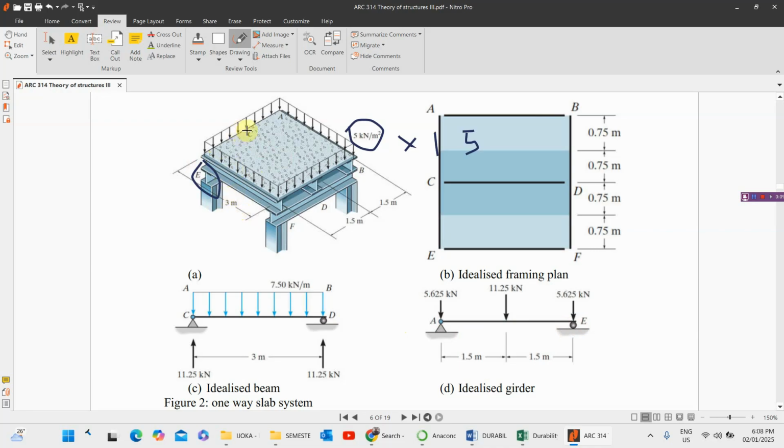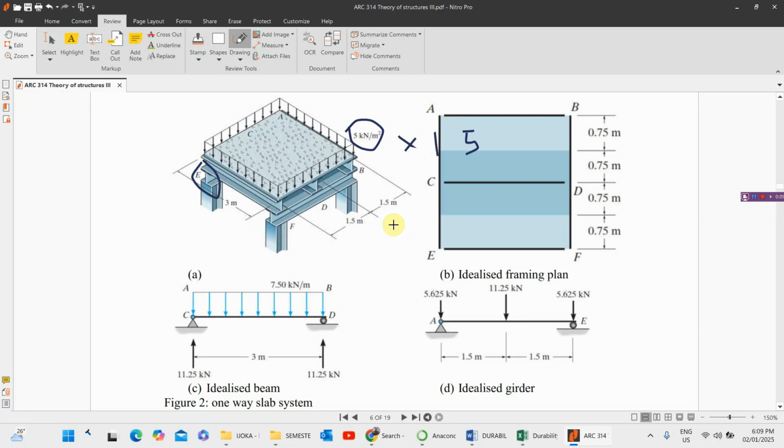Mind you, we were told that the CD is carrying 11.25 load at the center here. So what load will AB carry at the center here? The same way we did this calculation, 5 times 1.5 for this, we will do for this particular AB, which should be 0.75 times 5 kilonewton per meter square.